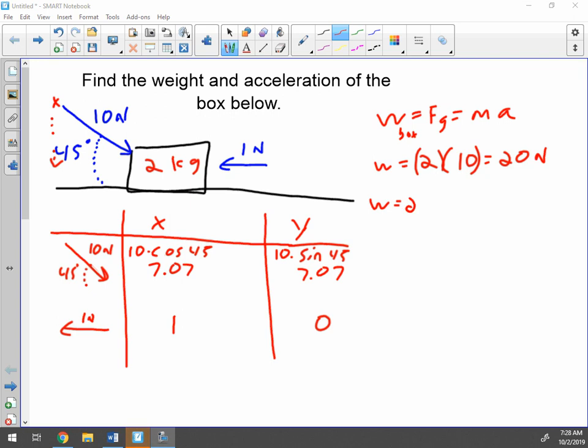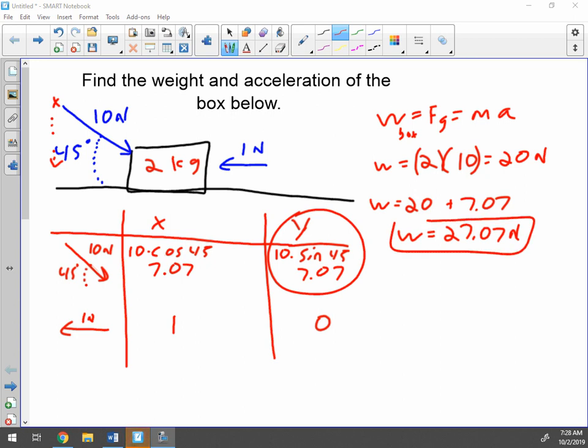We're going to add the normal weight of the box, and we're going to add the down part to the weight of the box, which is this y part. So we're going to add 7.07. So the total weight would be 27.07 newtons.